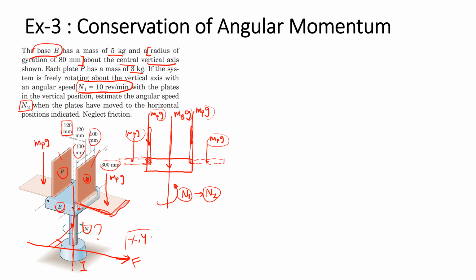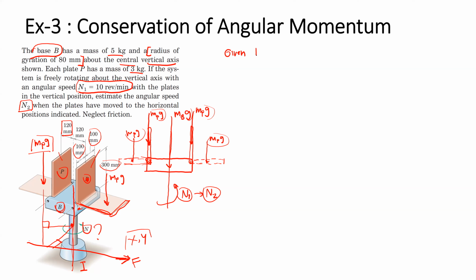Of course, this mg may create a moment about the point here, but it's not on the plane of rotation. So yes, in this problem, we come back to the given.